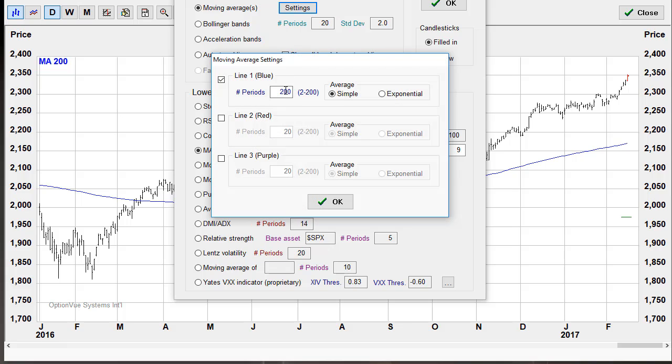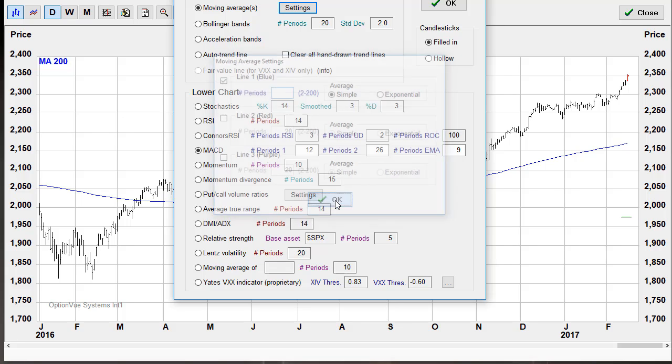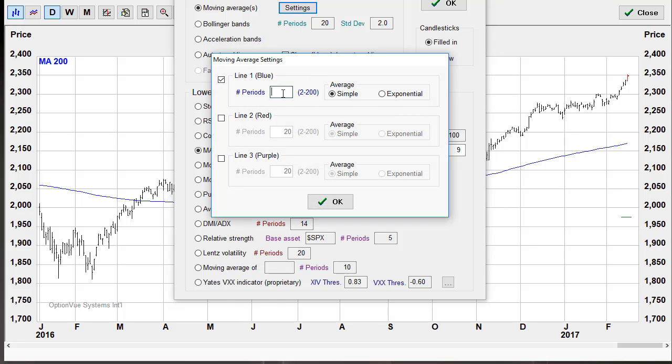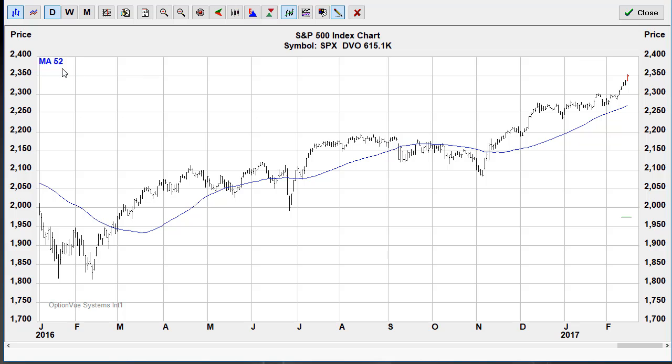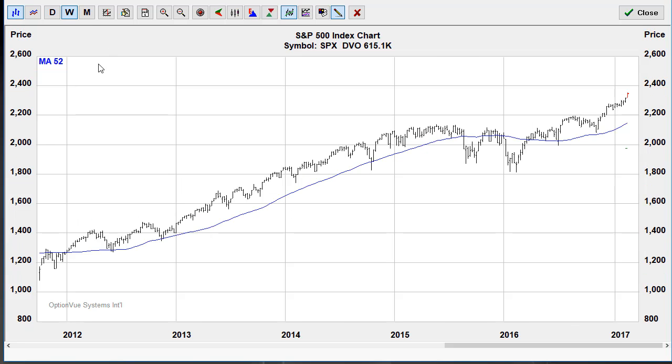If I change that to 52, the 52 weekly moving average, the reason why I look at the 52 is because there are 52 trading weeks in a year. So this aligns pretty straightforwardly with the 252 trading days in a year.